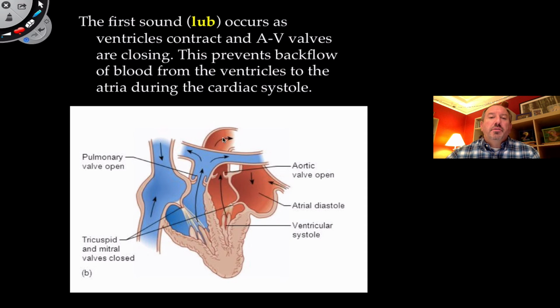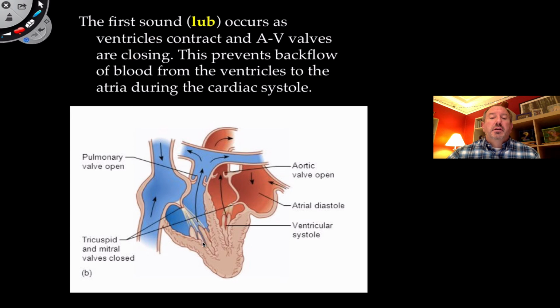The first sound that you hear, that lub, is when the AV valves are closing. So the tricuspid and bicuspid are closing, and the shutting of that is the lub.